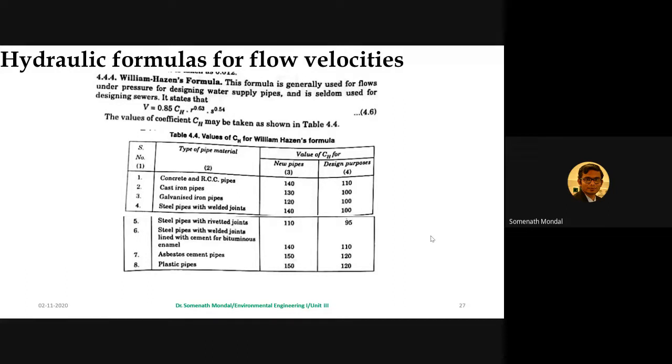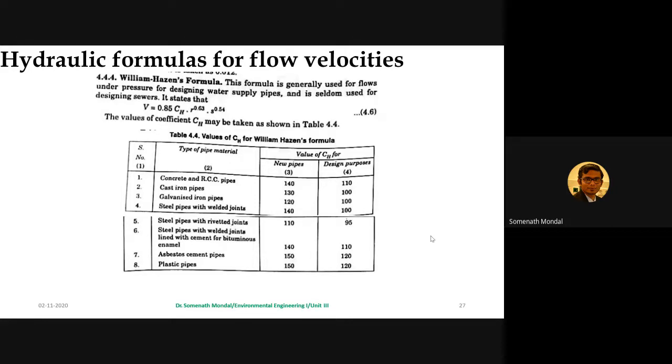So mostly if you see Manning's, Crimp and Burgess, and Williams-Hazen, these are quite identical in terms of form. So you can go through keeping all these things in your mind, so that you can easily remember the formula which is asked in the exam, and accordingly you can solve the problem, or you can do the design of that particular sewers or stormwater pipelines. Now with this, we'll move to the next part.